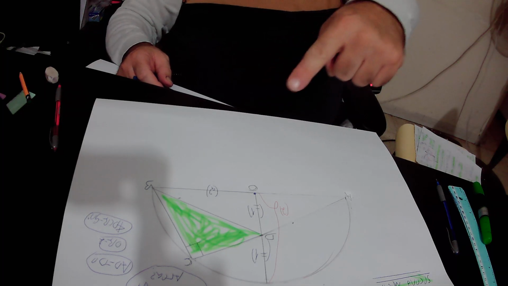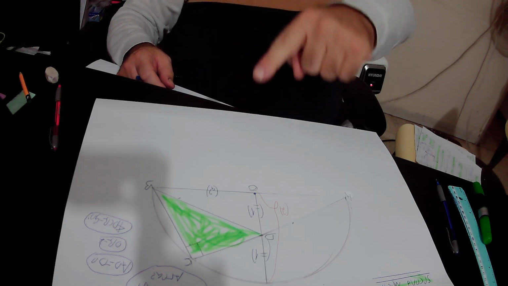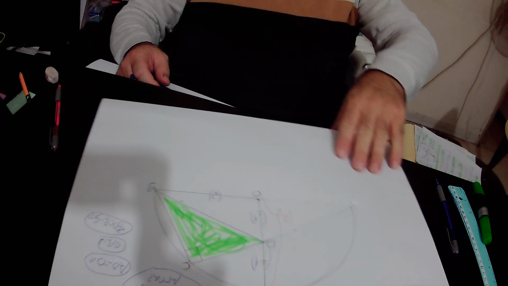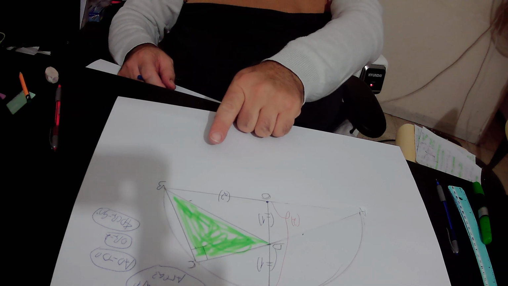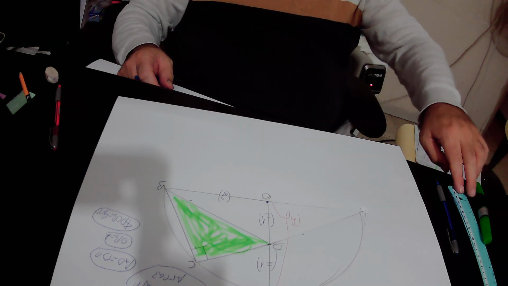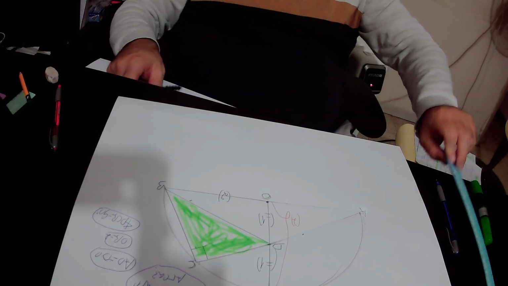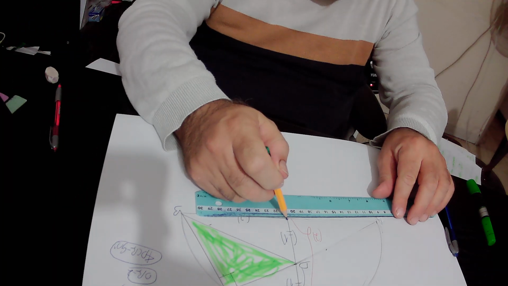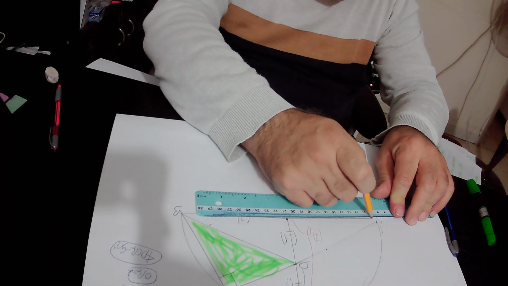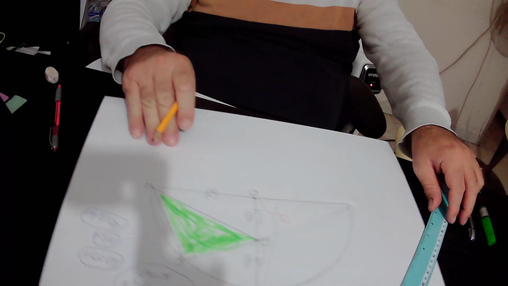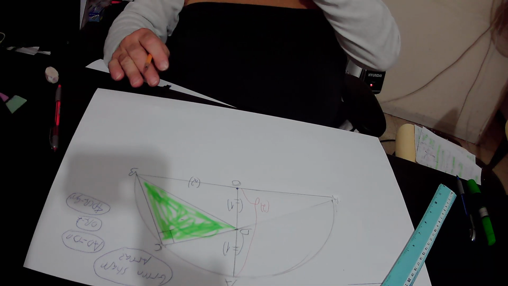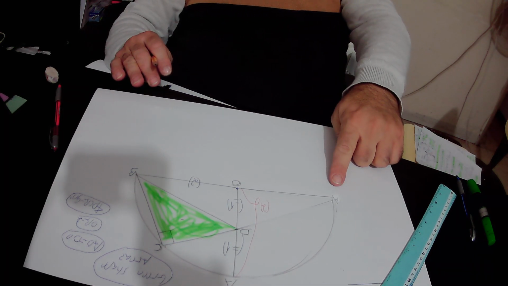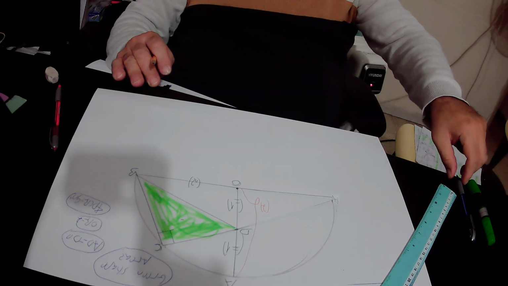We complete the quarter circle to a semicircle. We'll extend radius BO until it touches the semicircle. And we define this point as point P, exactly like we did in the first method.